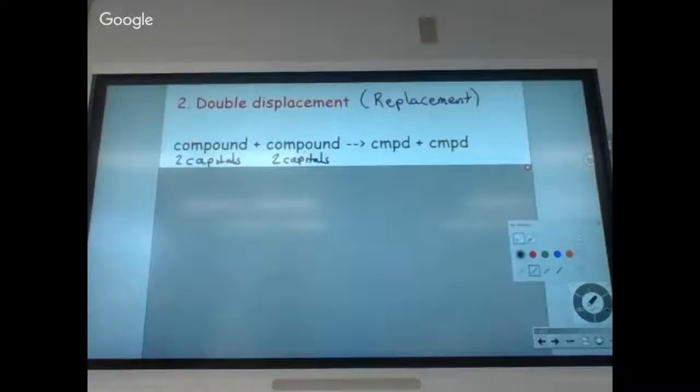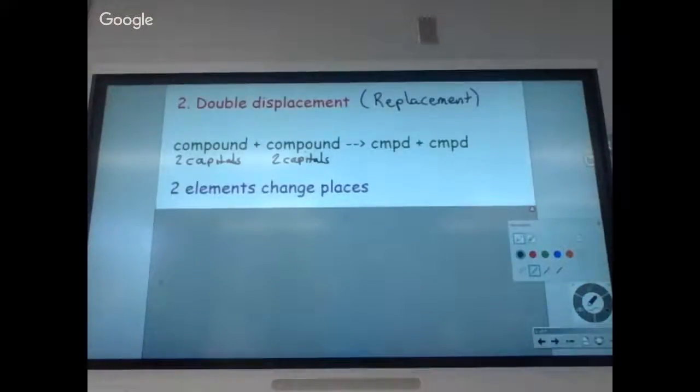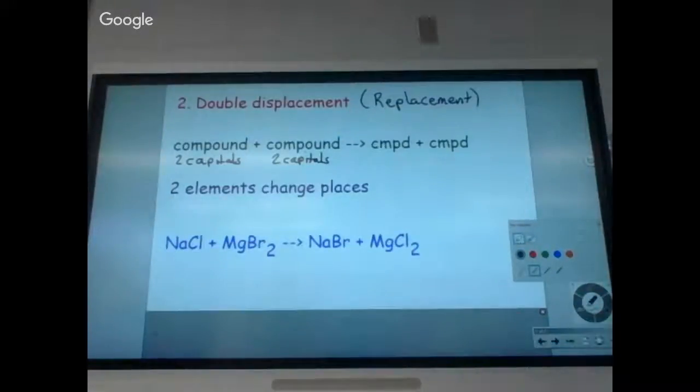Now, because I said replacement, two elements have to do what? They have to switch places. So this is what you're going to be doing in a couple minutes, because I'm pretty sure I'm going to let you do the activity. Because this makes much more sense in trying to figure out the types if you actually do the activities. Now, that would be double displacement. So if you look at the example, how many capitals do you have in each of those?